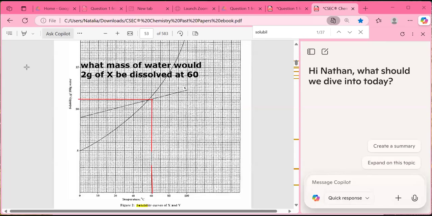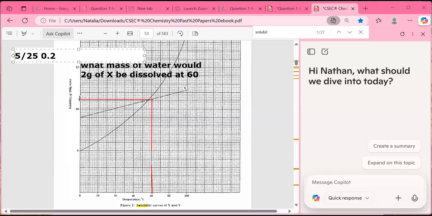So 5 divided by 25 means each small box is 0.2. The bright line from 10 would be 11, and then one small box would be 11.2.